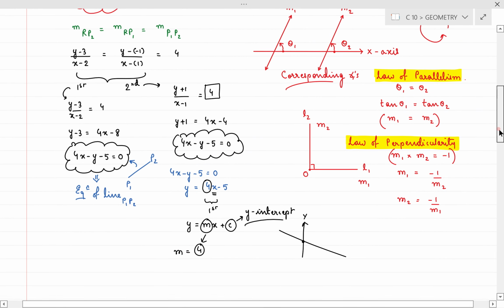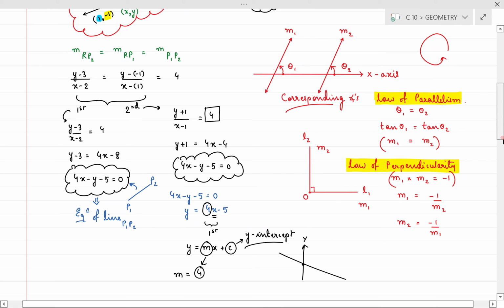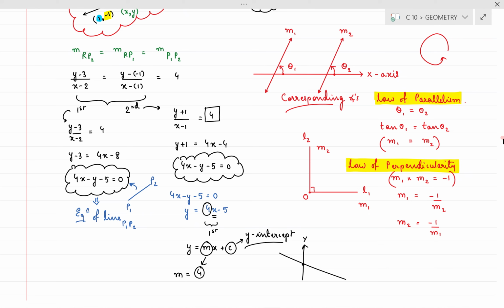So remember, whenever you are finding out the slope of a given line with the help of equation of the line, you just have to make y the subject of formula, and then the coefficient of x will be the slope of the line.